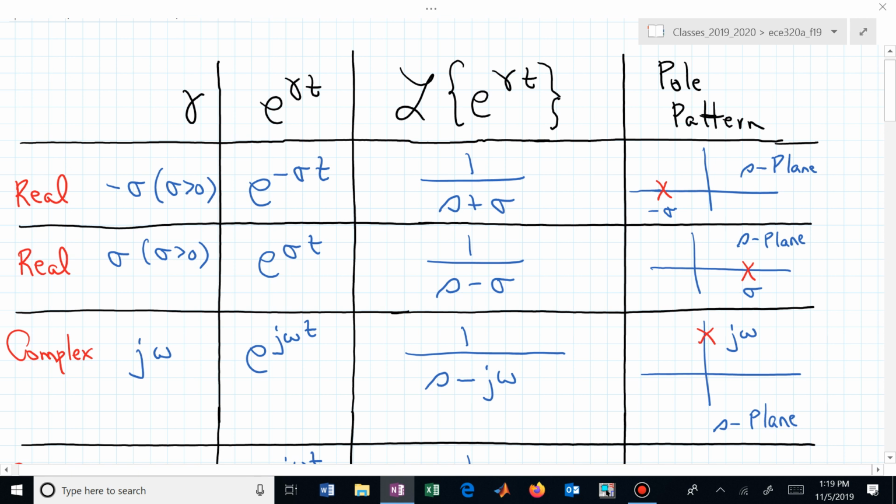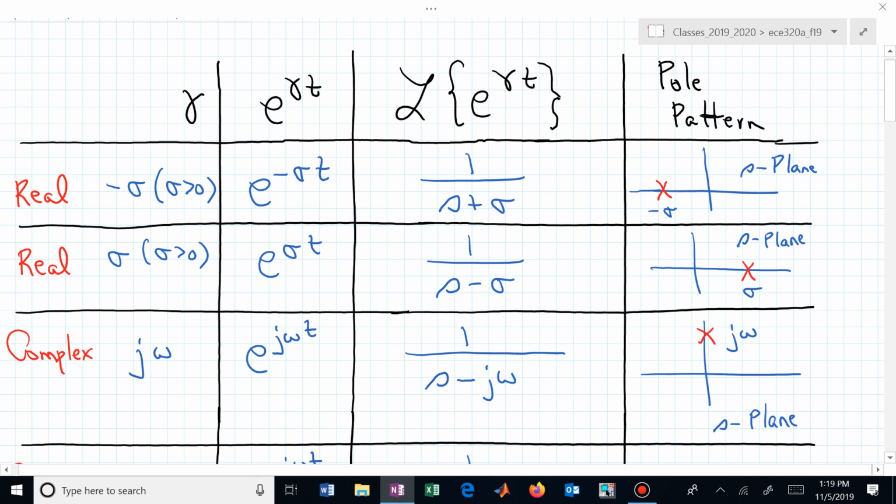The first row is when we have, let's say, e to the minus 6t, for example, where gamma is minus 6. We're dealing with a real exponential factor, gamma, and it's negative. I hope that's not confusing.